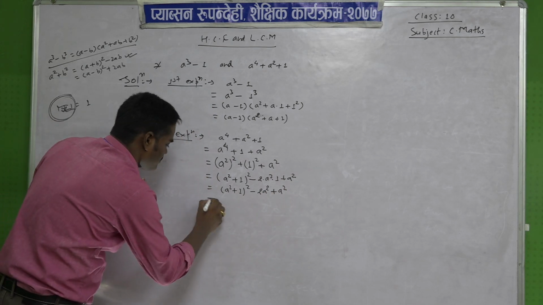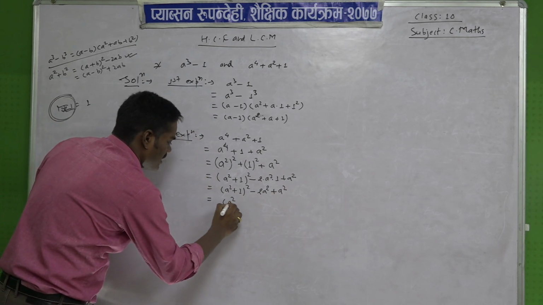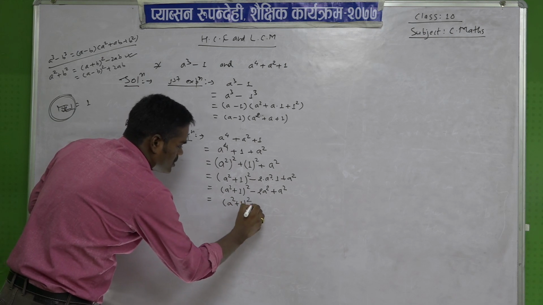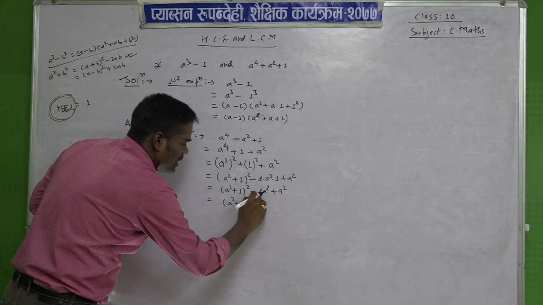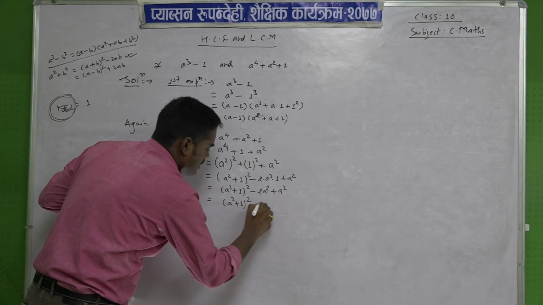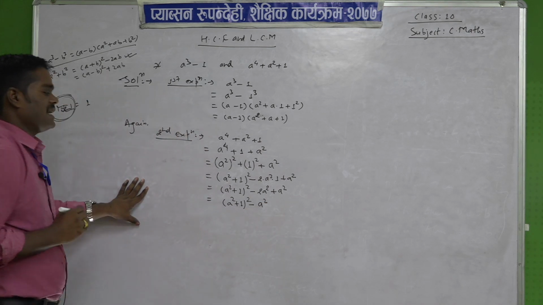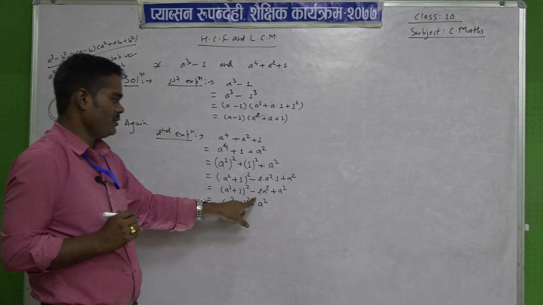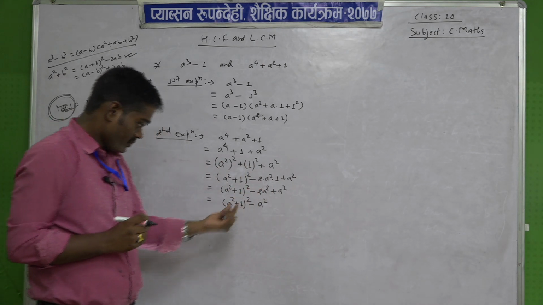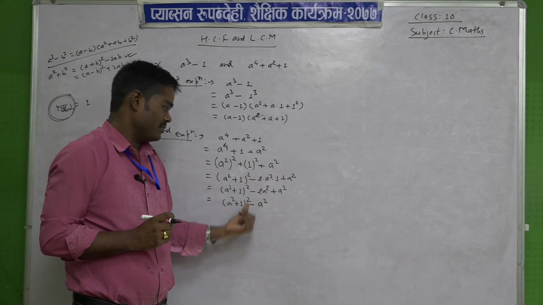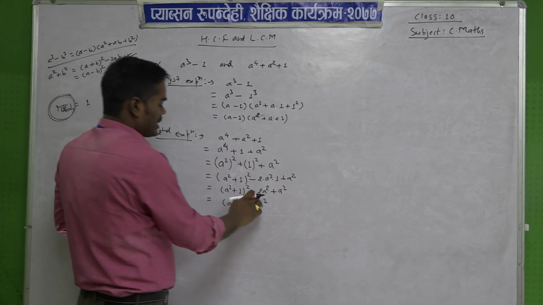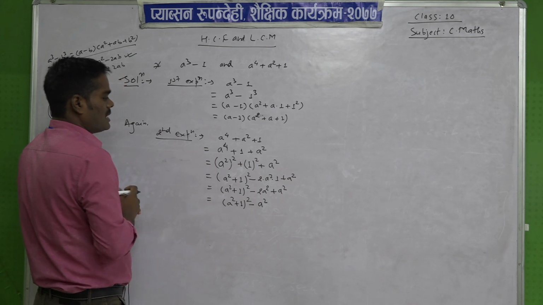Then it became a square plus 1 whole square, and the difference of 2a square and a square, if you simplify, becomes minus a square: here minus 2, here plus 1. So what is the result? Minus 1, because we should take the sign of the greater number. 2 is the greater number, that is why the sign is minus.